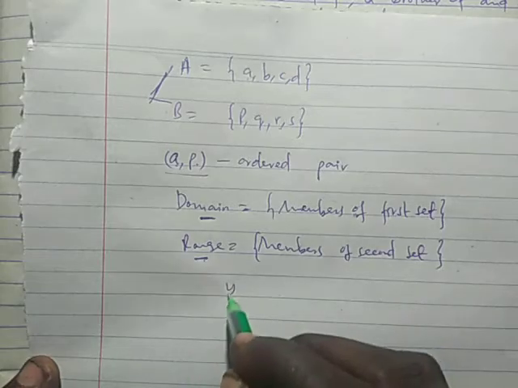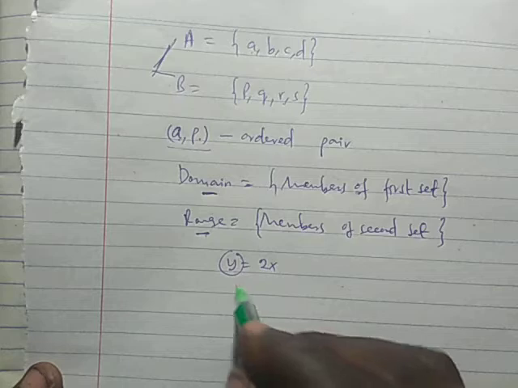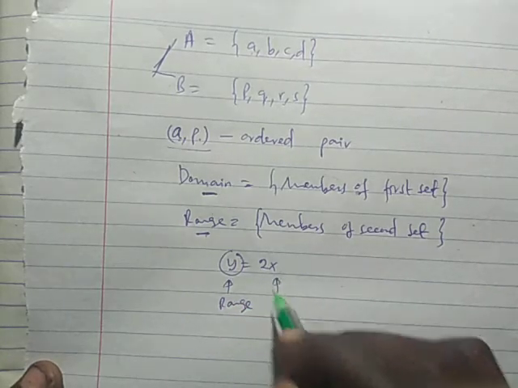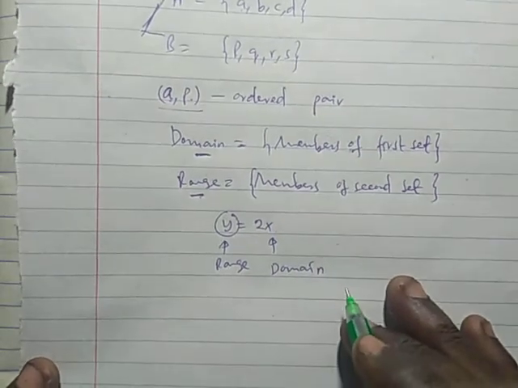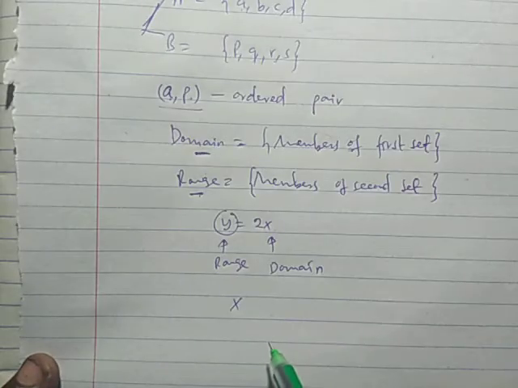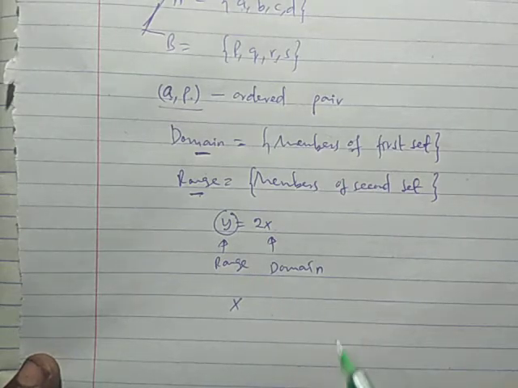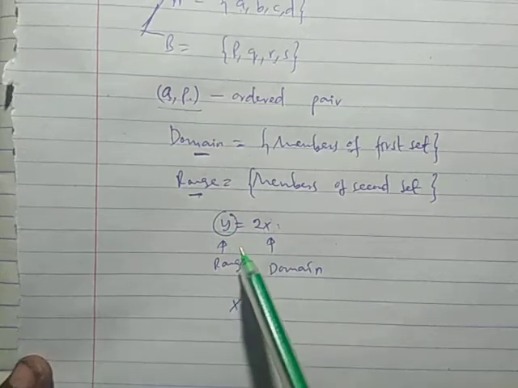Kwa mfano ukiona equation y is equal to 2x, huyu y ndio tunamuita range, afu huyu x ndio tunamuita nani? Domain. Kwa hiyo first set ambayo always huwa inakuwa ni set ya x tunamuita domain. Second set ambayo huwa inakuwa ni set ya y tunamuita range. So this x is domain, y is range.